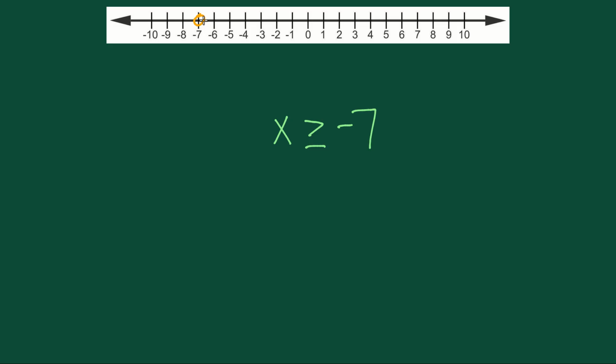So we're still going to the right. But this time, since it's greater than or equal to, we will fill in the circle. This is the graph of x is greater than or equal to -7.